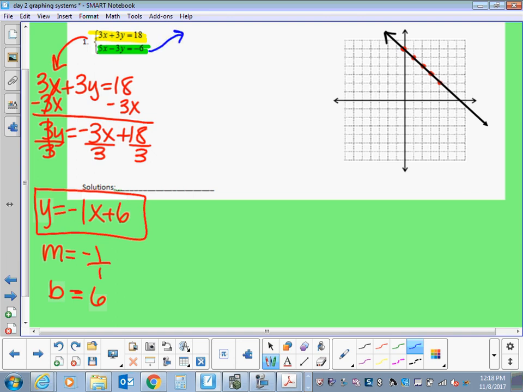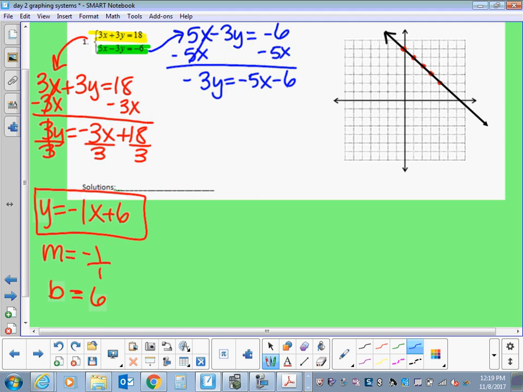All right, let's solve for y. I have 5x minus 3y equals negative 6. What needs to go? So let's subtract 5x. So negative 3y is equal to negative 5x minus 6.